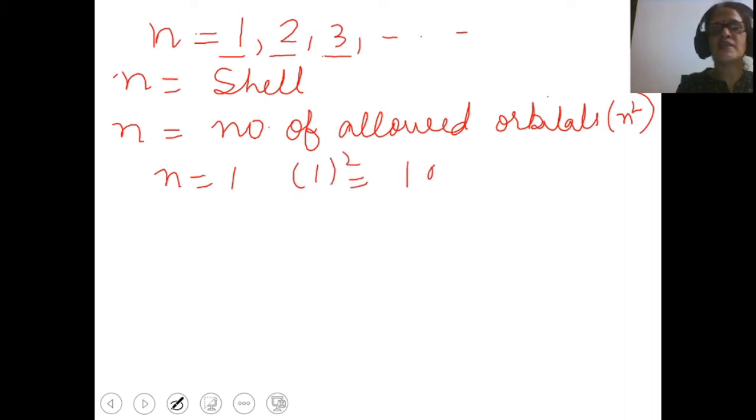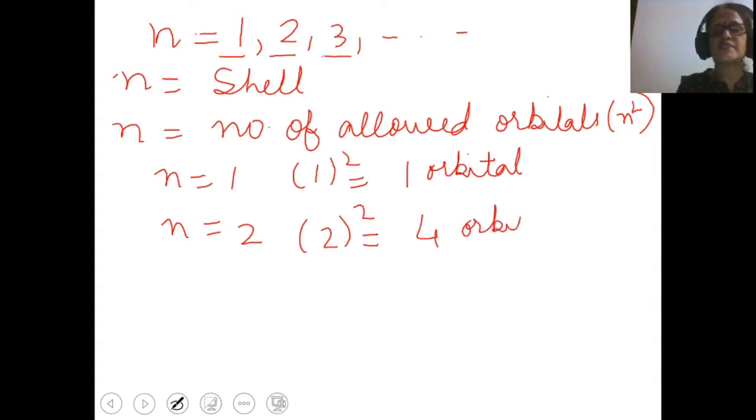So the first shell consists of only one orbital. If n is equal to 2, the allowed orbitals will be equal to 2 square, which means 4. So the second shell consists of 4 orbitals. If n is equal to 3, allowed orbitals will be equal to 3 square, which means 9. 9 orbitals will be there.